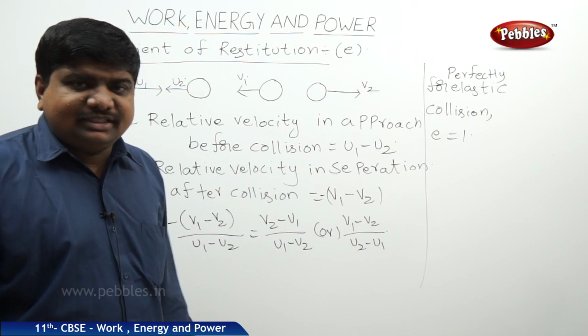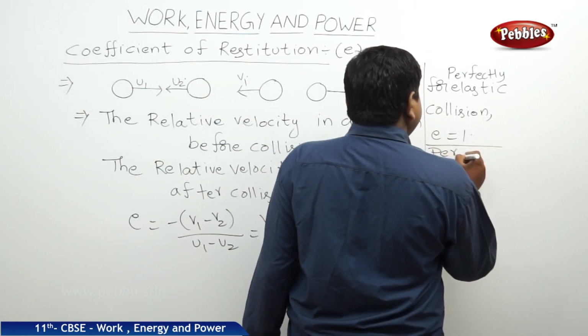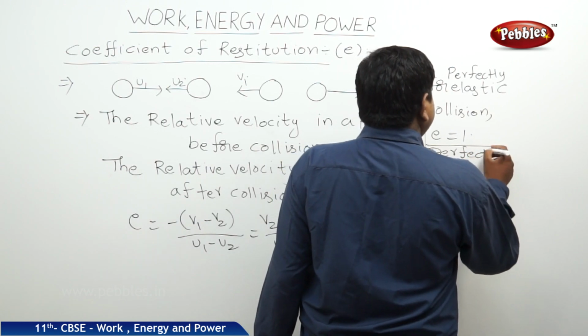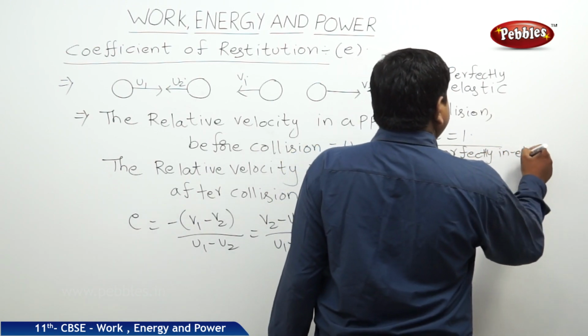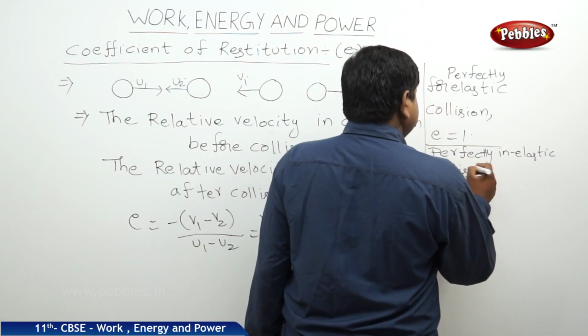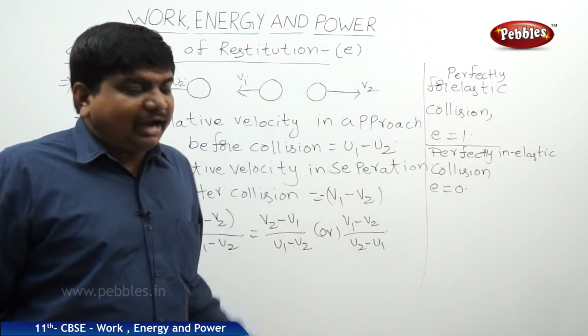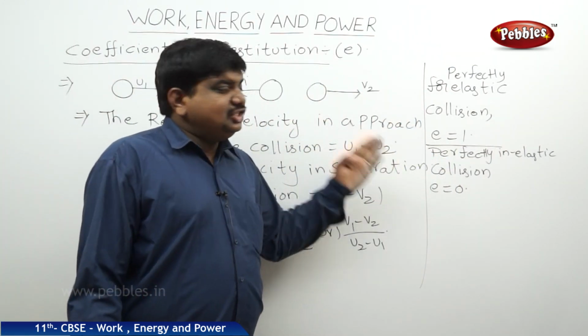For perfectly inelastic collision, e value is 0. But practically the value lies between 0 and 1.